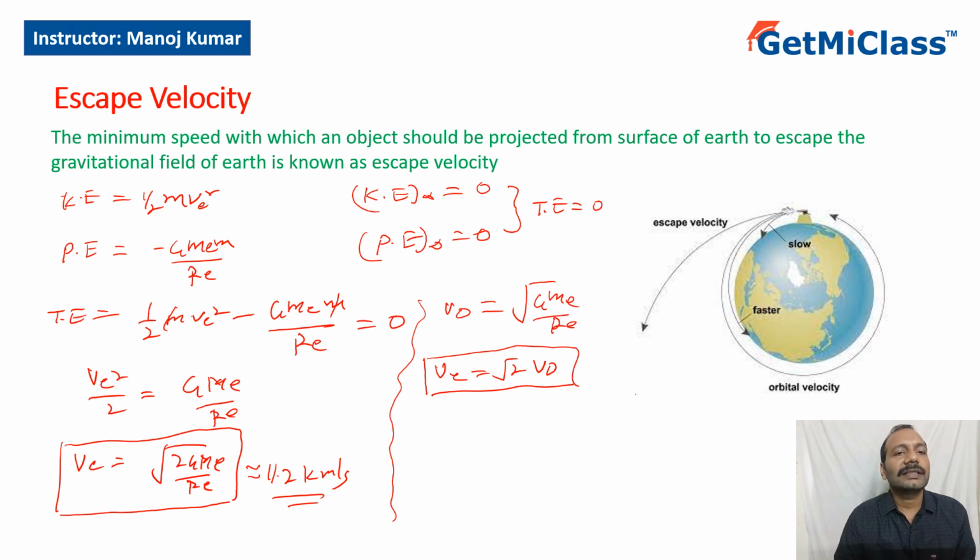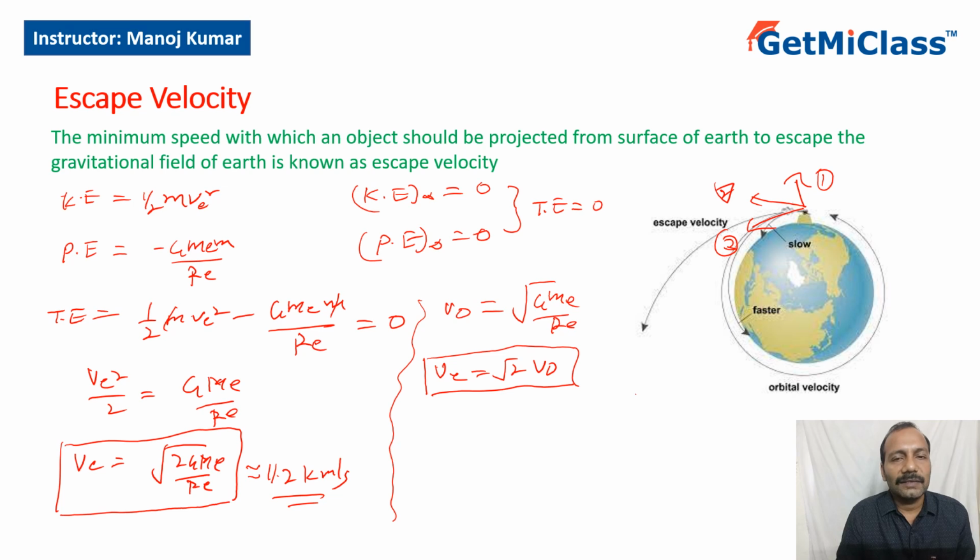So after that, let's look at another thing. In which direction should an object be projected for the body to escape? Let's say one object is projected like this, one like this, one like this. I'll name them 1, 2, 3. All of them are given escape velocity, then which would escape? If all of them are given escape velocity, all of them would escape.